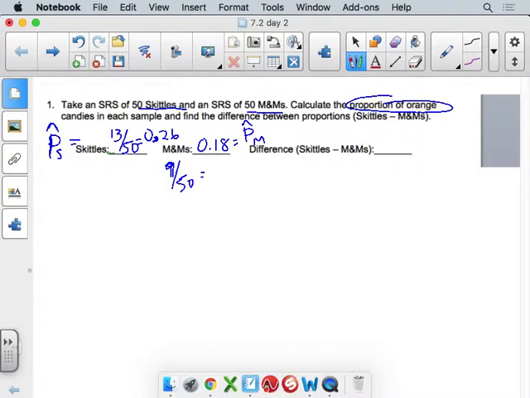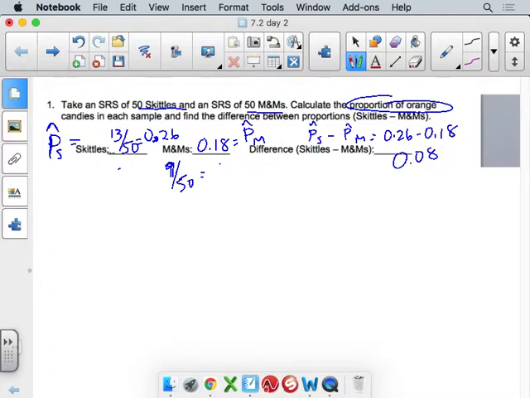I'm really wanting to find out: do Skittles have more orange or do M&Ms have more orange? So I'm going to take the difference between them. The difference between the sample proportion of Skittles minus the proportion of M&Ms is 26% minus 18%, which is 0.08.